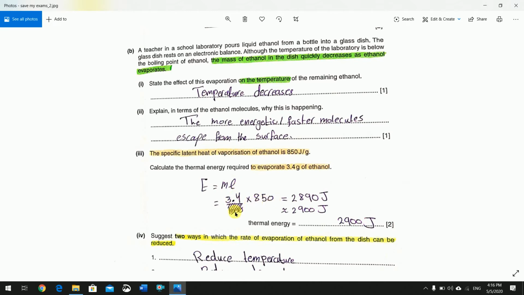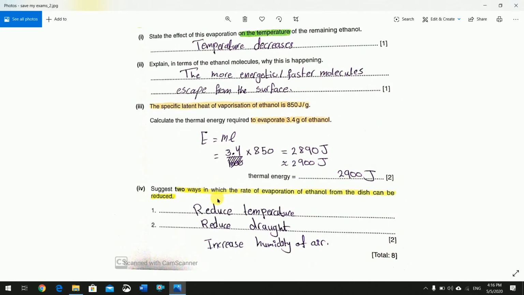Here I wanted to first convert it, but then I changed my mind because this is in grams and this is in grams. So you don't need to convert the mass because the latent heat of vaporization is already given in grams. So we just multiply them. It will be 2,890, which you will see written as 2,900 joules.